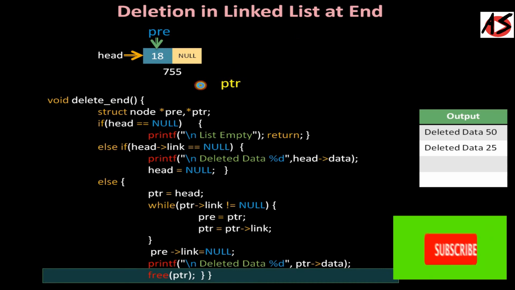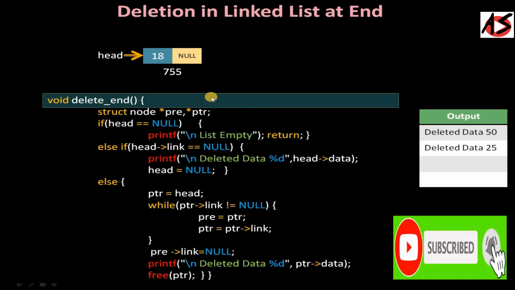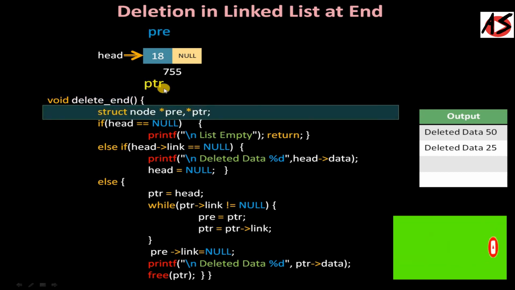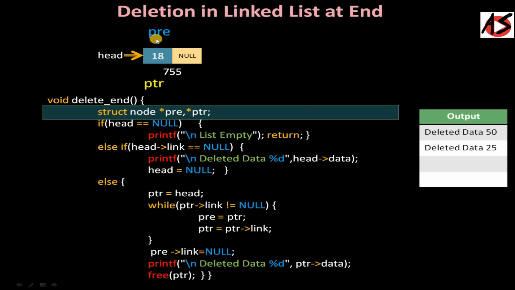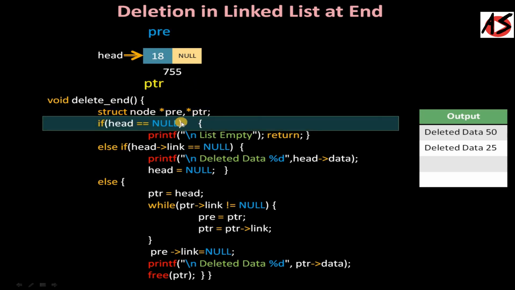Again you are calling the delete end function. So you are creating two variables, previous pointer and ptr pointer. You are checking the condition, head is equal to null. Head is pointing to 755, so that is not null, so the condition is false.